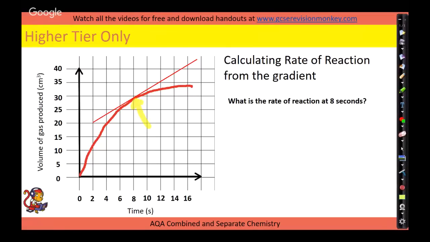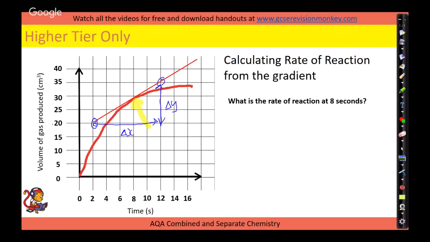There will be some degree of variation in your answers with this question, and there'll be a certain tolerance that you have to fall in. So when you calculate the gradient, just like you would do in maths, you would find a sensible point where they are crossing the lines, and you would do your change in y, delta y, divided by your change in x.